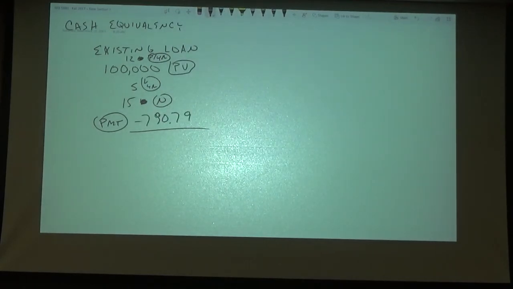$790.79. All right. So in this case, what we want to know is if we can assume this mortgage, and the current mortgages are at 9%, what's the cash equivalent value of this existing assumable loan? Okay.